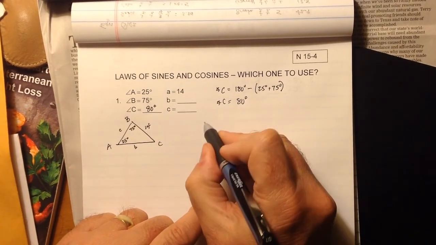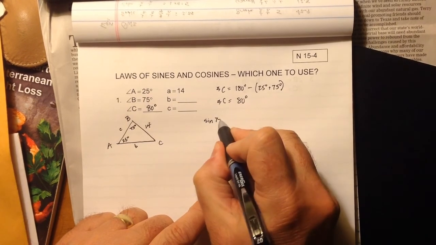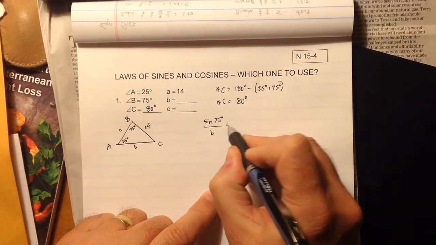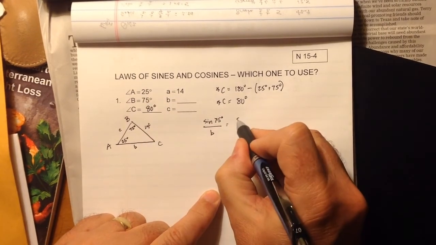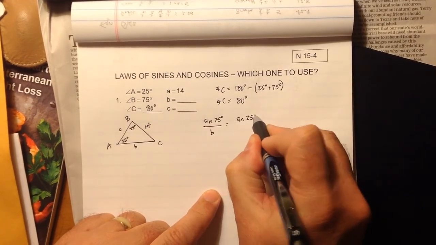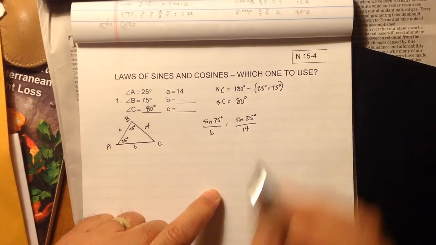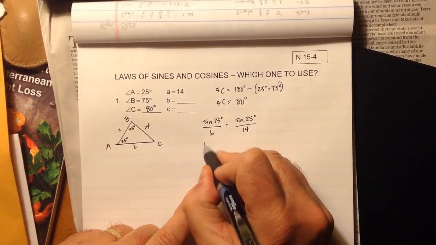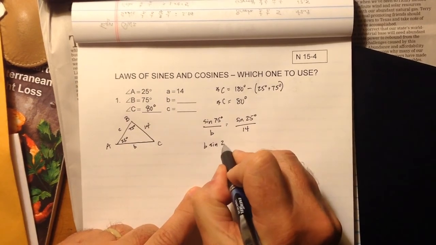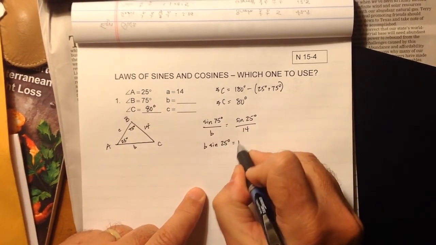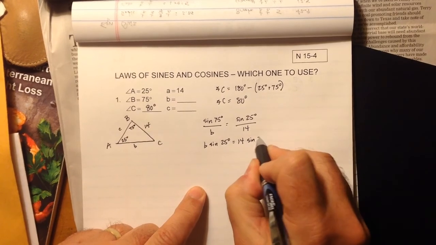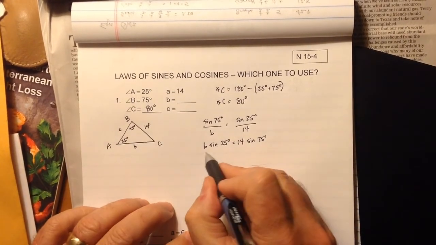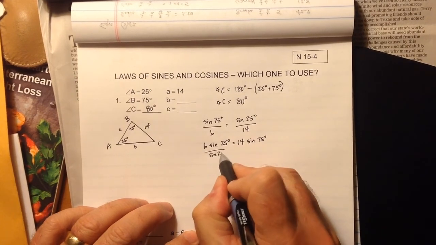So I'm going to say sine B, sine of 75 degrees over little b, is equal to sine of A, sine 25 degrees, over little a, 14. Cross multiply here, I get b sine 25 degrees equals 14 sine 75 degrees. Divide both sides by sine 25.